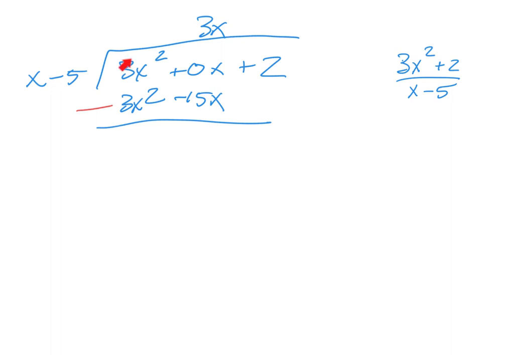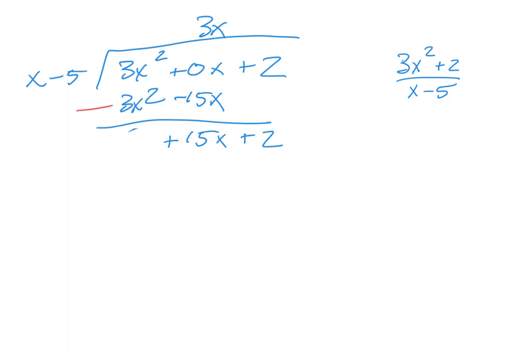So that's 3x squared minus 3x squared. That gives me 0. I have 0 minus a negative 15x. Minus a negative is positive, so it'll be plus 15x, and then I bring down the 2 plus 2. I write this 0 here, but it doesn't exist, so I'm just going to erase that.